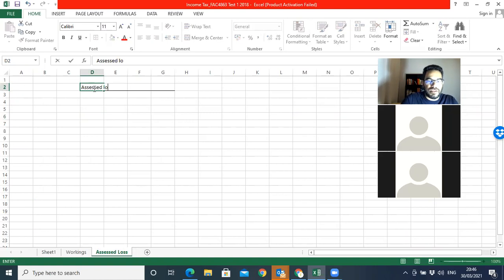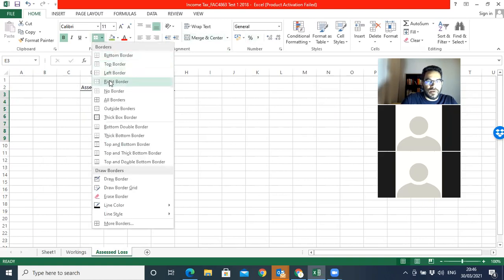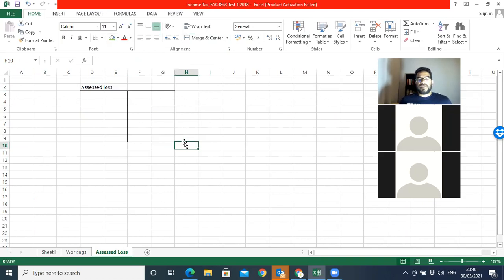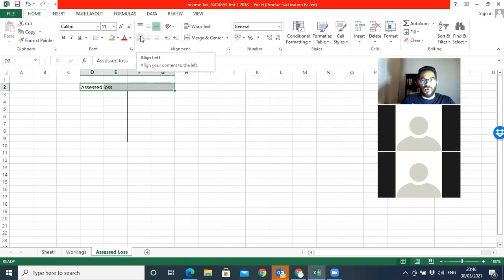So assessed loss, okay. Last year we recognized an assessed loss of 344, but at 28% it was at 96,320.